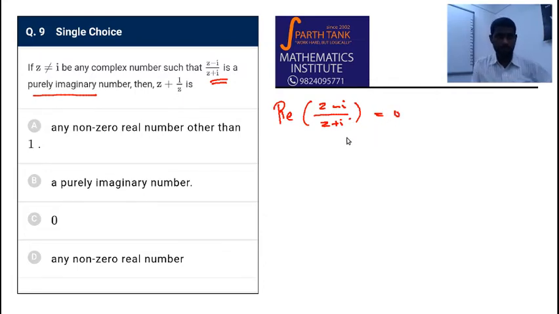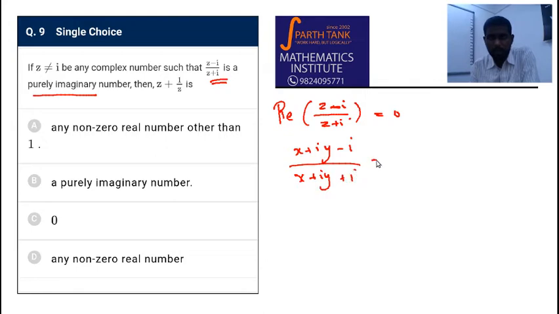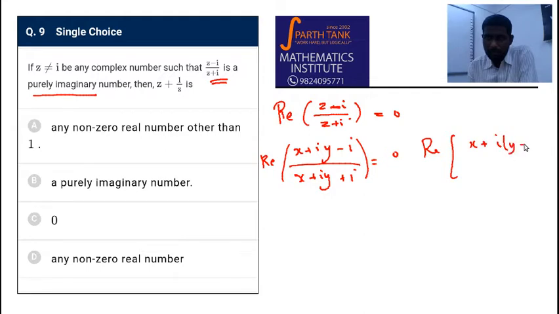So how to find the real part or imaginary part? Take z as x plus iy. So basically the real part of this is 0, and I get the real part of (x plus i into (y minus 1)) by (x plus i into (y plus 1)).